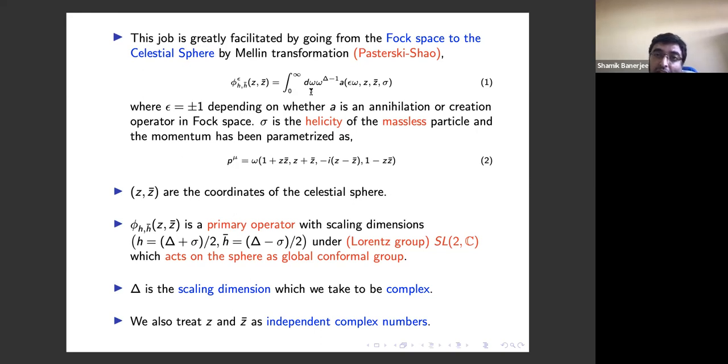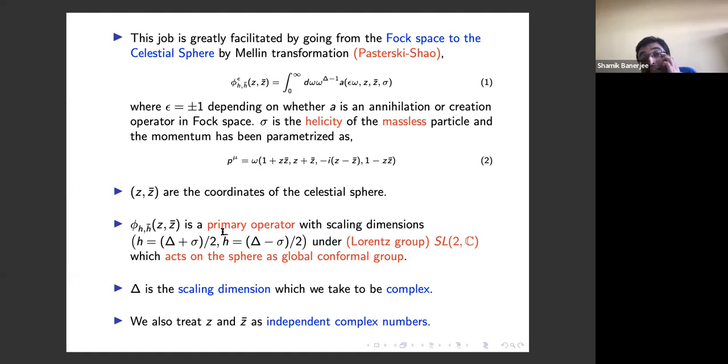One can show, just using the Lorentz transformation properties of these A's, that phi h, h bar, z, z bar is a primary operator with scaling dimensions h and h bar. You can see that this has the standard form of a 2-dimensional conformal field theory, where h plus h bar is delta, the scaling dimension, and h minus h bar is the spin.